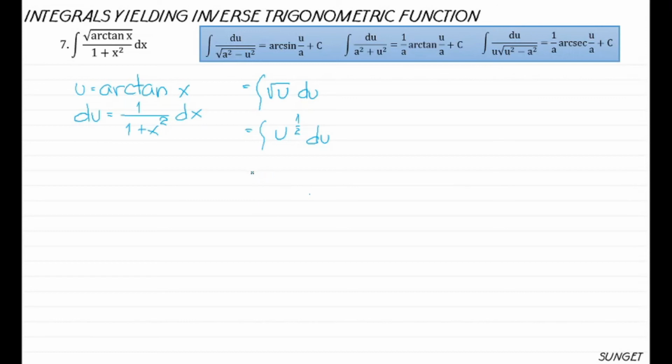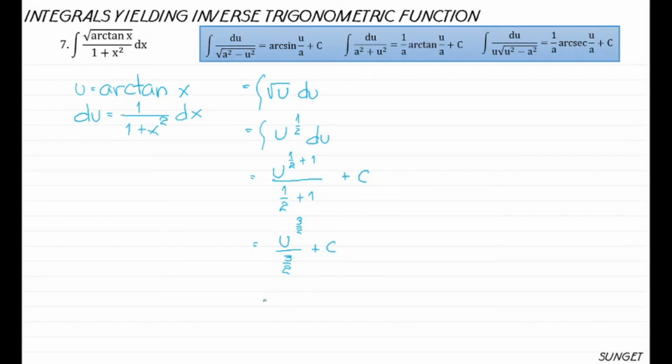Integrate using the simple power formula, so we have u raised to 1 half plus 1 all over 1 half plus 1 plus c. Or we have u raised to 3 over 2 over 3 over 2 plus c.